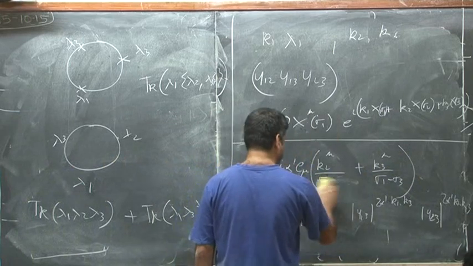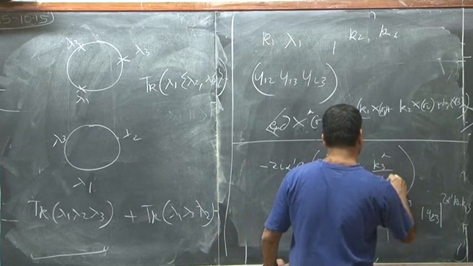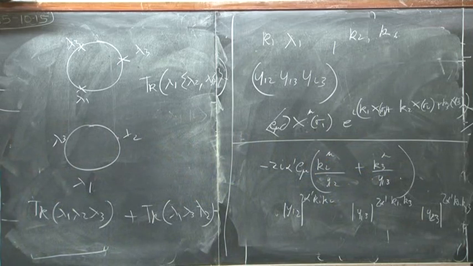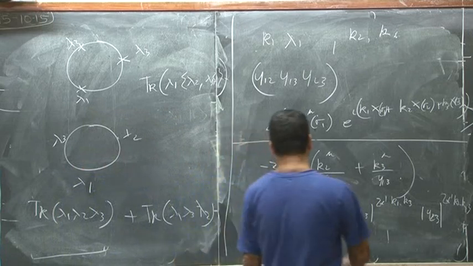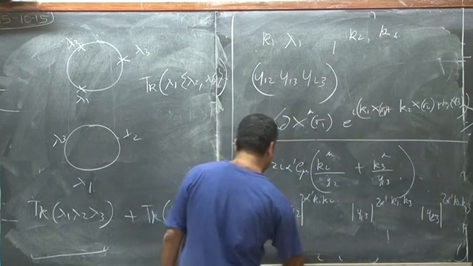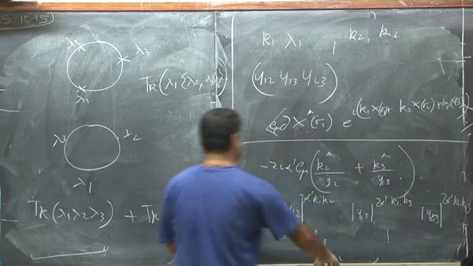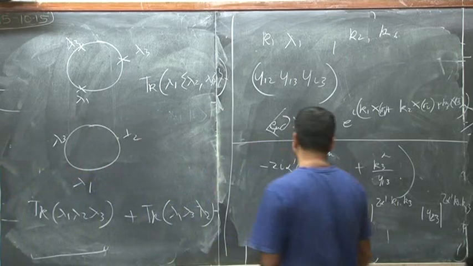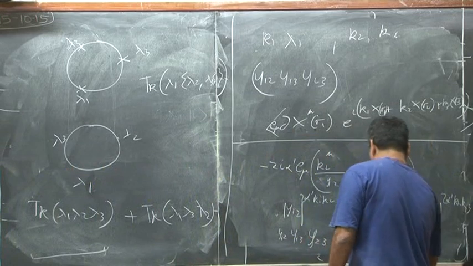Let's call these also y. So this is y12, this is y13. We've got this times this times y12, y13, y23. And if we choose a particular order, let's say the order 1, 2, 3, we have trace of lambda 1, lambda 2.